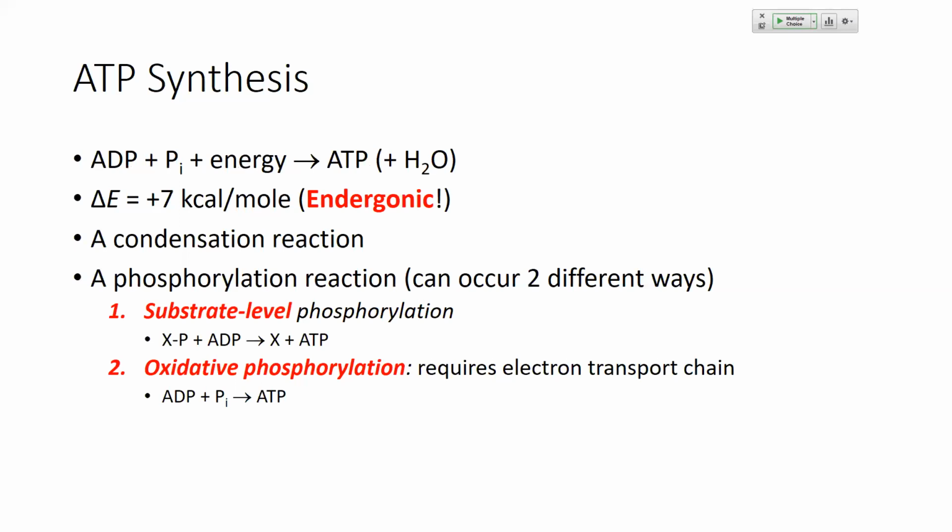And for this mechanism, we are going to find a free-floating phosphate. This is called an inorganic phosphate because it's not attached to any other molecule. So ADP finds a free-floating phosphate not attached to anything else, attaches it onto itself, and you get ATP. Okay, so the 2 general ways to make ATP are to steal it from another molecule or to find it free-floating.